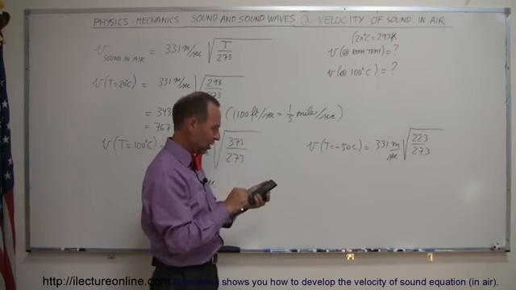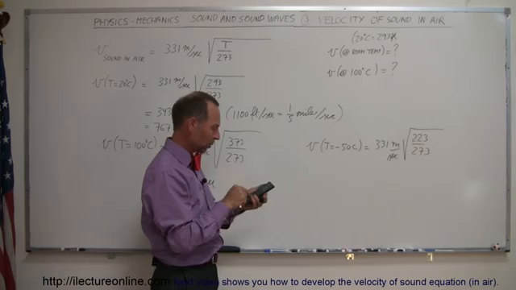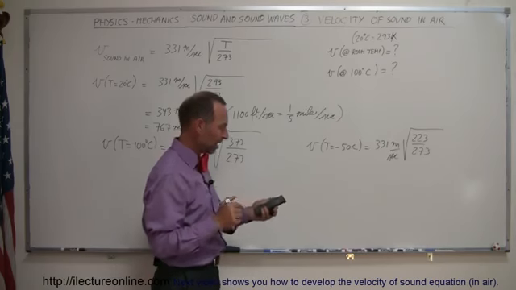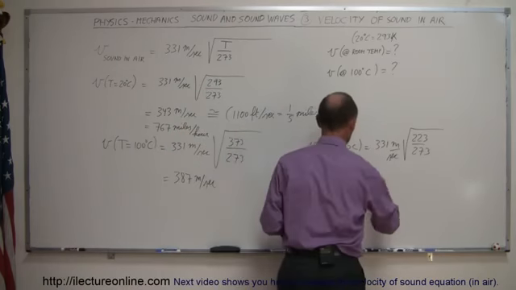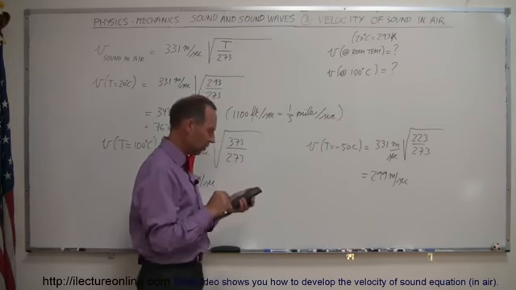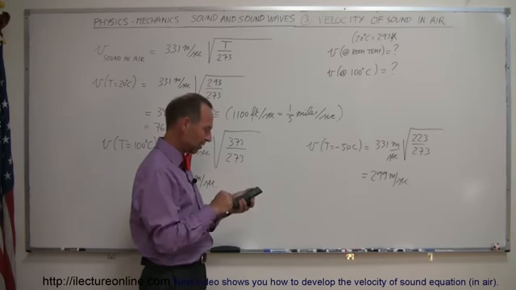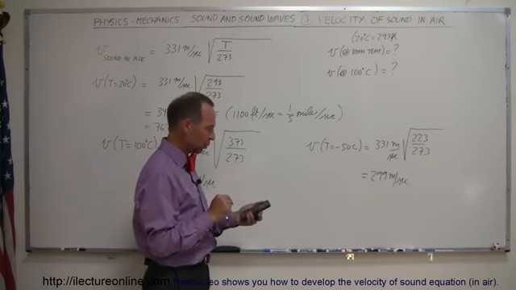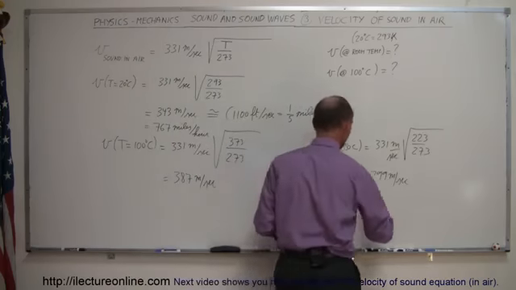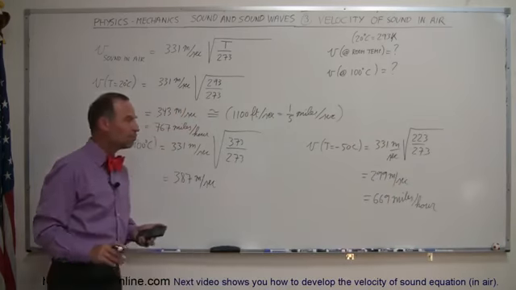So 223 divided by 273 equals, take the square root of that, multiply times 331, and you get a speed of 299 meters per second. And if you convert that to miles per hour, let's see what we get. So we have to divide by 1609, multiply times 3.6, and we get 669 miles per hour.